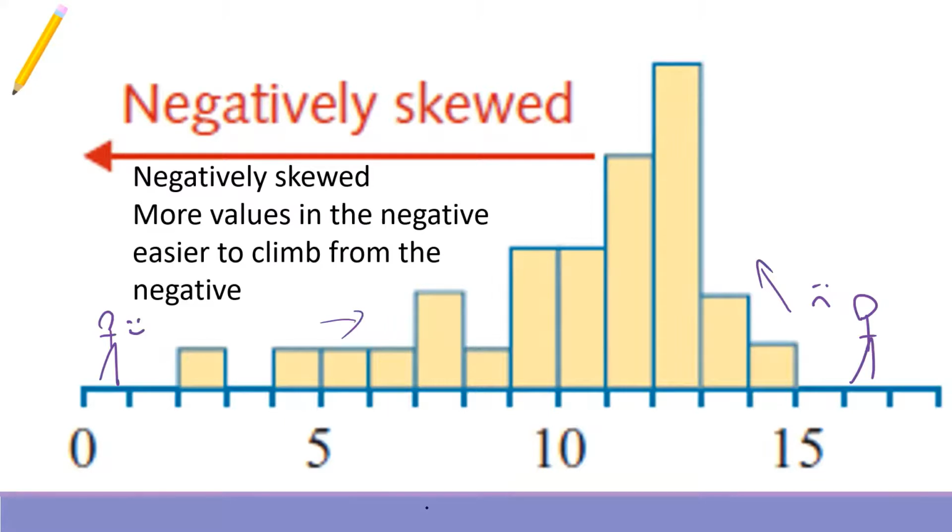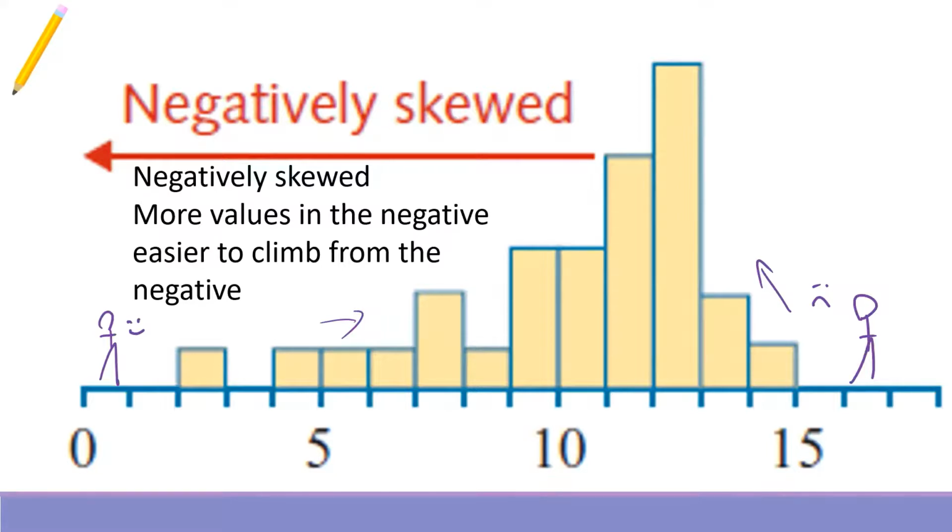But that's just looking at how the graph is. Honestly, the reason I'm writing this down is because it's a quick and easy way for me to describe it, so that if you ever see a shape that looks like this, you can be like, oh, okay, that's negatively skewed.